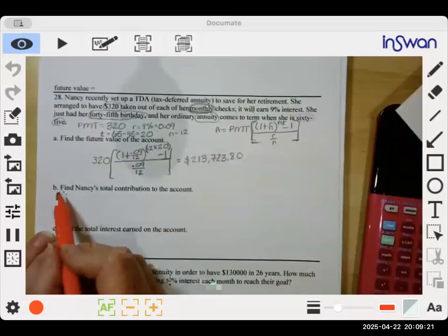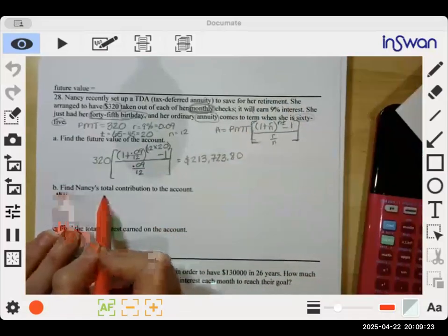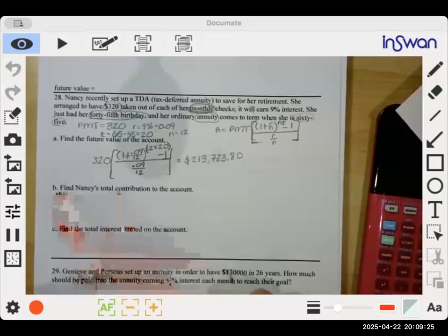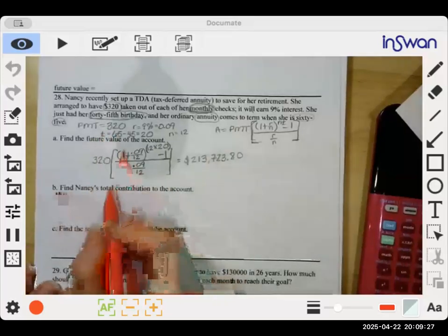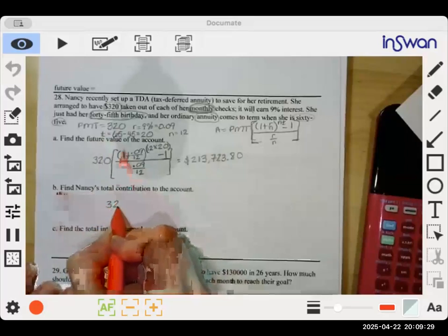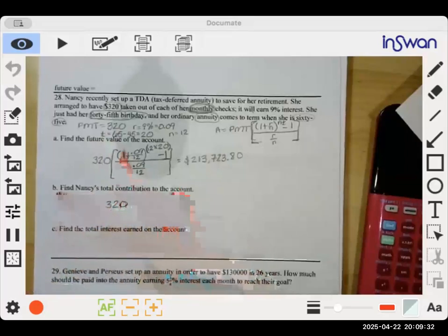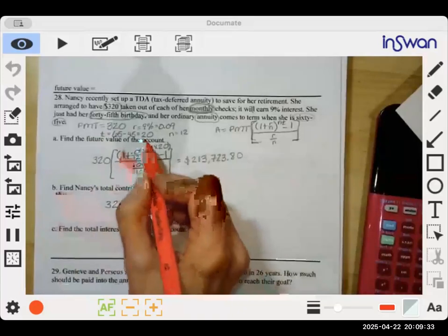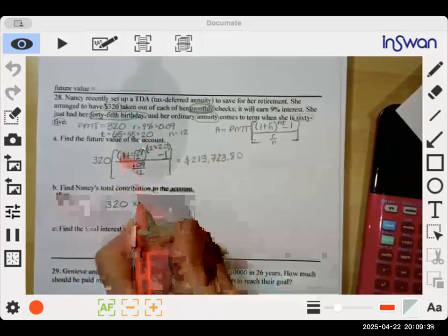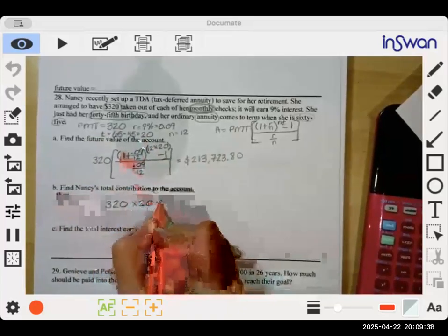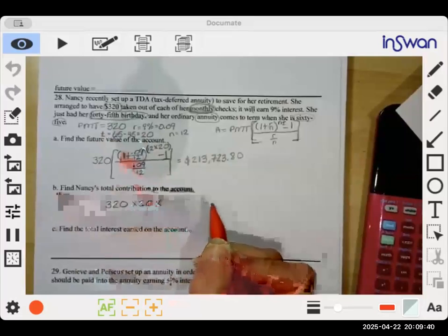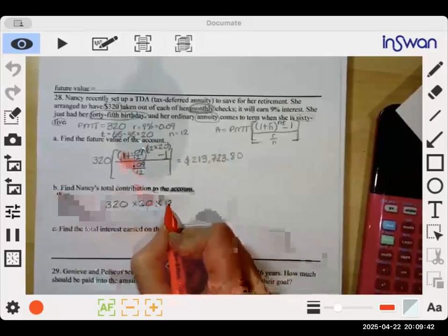All right, so Nancy's total contribution to the account. How much did she pay? She paid $320. How many years did she make that payment? She made that payment for 20 years. And then how many times per year did she make that payment?